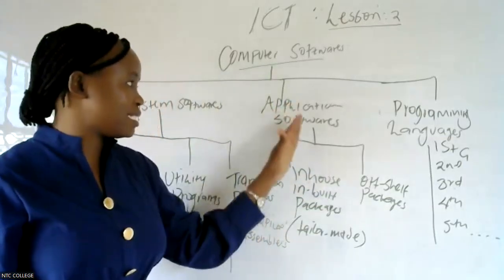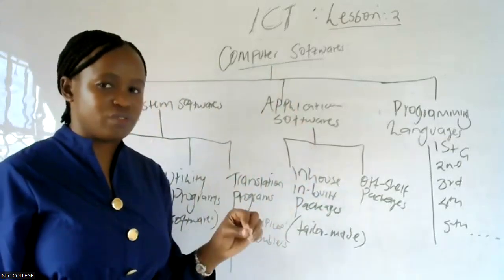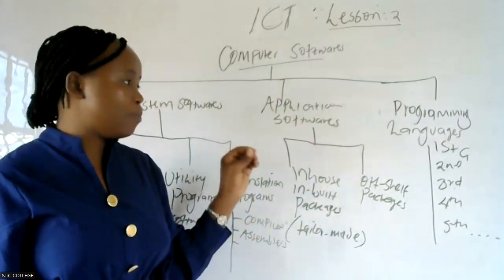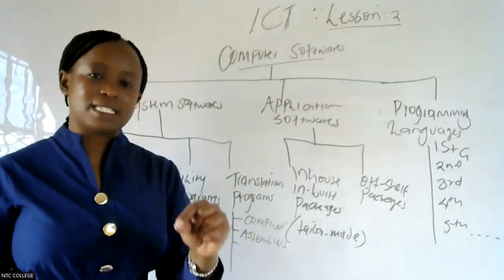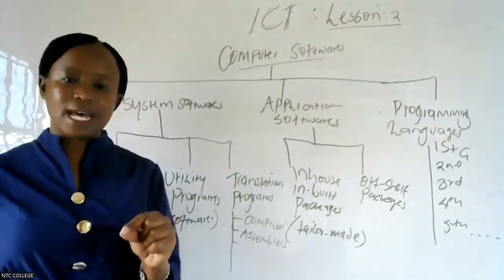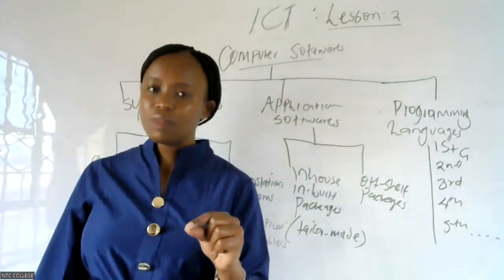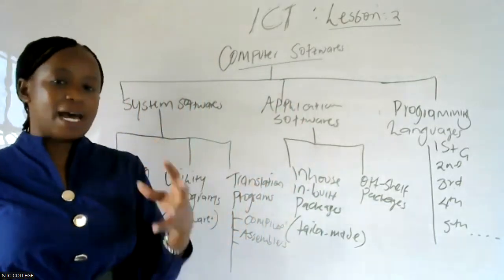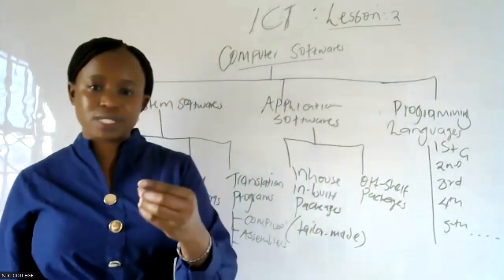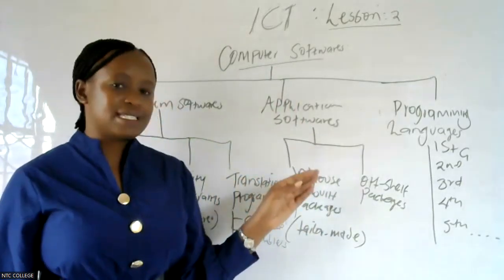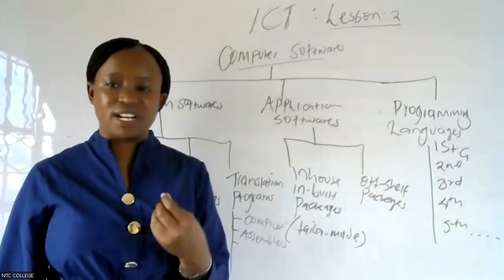Then let's come to the second side of computer software. These are application programs. Their work, we have said, is to enhance the user's efficiency. At this point, they narrow down to either general needs of a user or specific needs of a user.